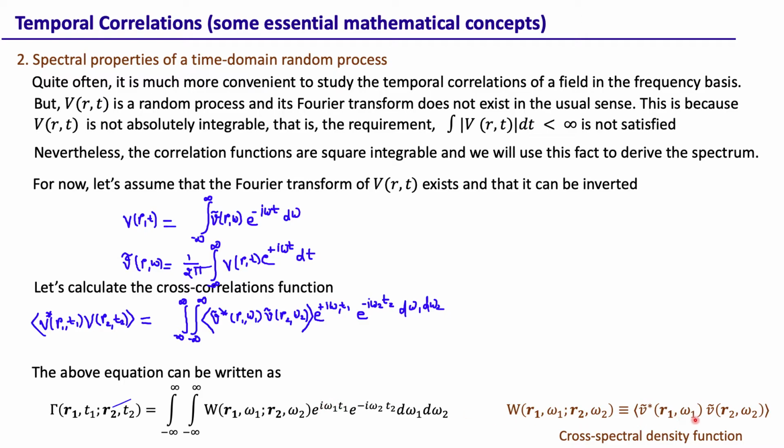That is V star r1 omega 1 V r2 omega 2, represented as W r1 omega 1 r2 omega 2. So, just like the cross correlation function represents a correlation of the field at times t1 and t2, the cross spectral density function represents a correlation in the field at frequencies omega 1 and omega 2. That is that. Okay.